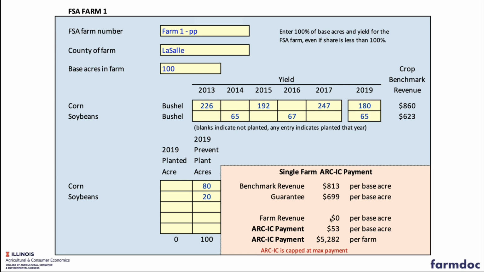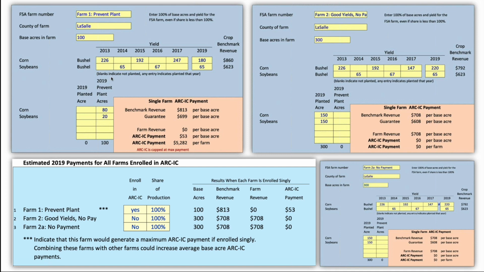All right. Now, here's the prevent plant farm. Got the same farm here, but I have 220 bushels, 65 bushels. This is farm 1. Farm 2, let's say it's the same farm, but we have 150 planted acres. This does not make a payment. So this is not making an ARC IC payment because farm revenue is above the guarantee.